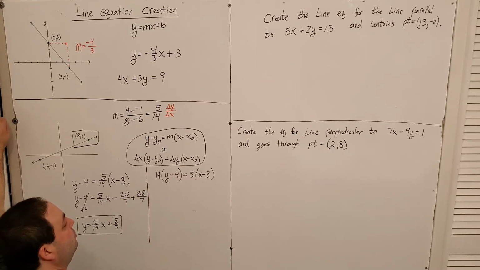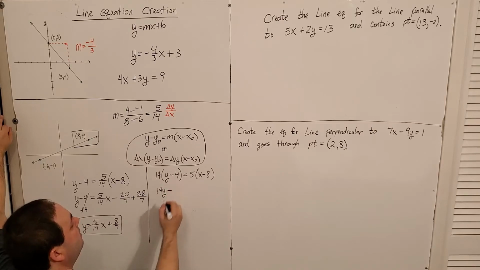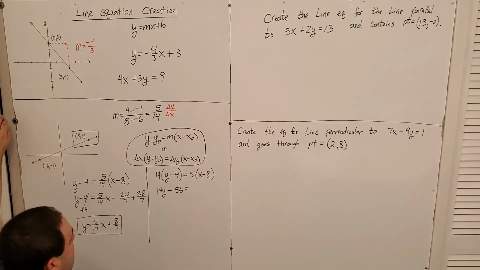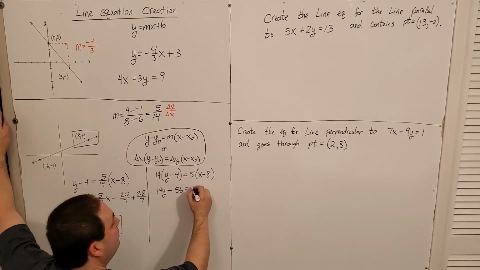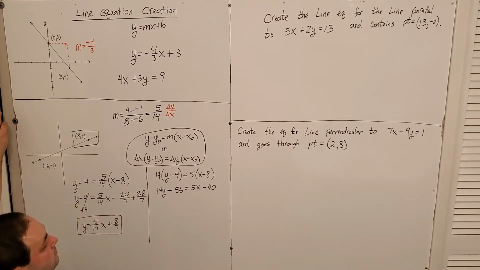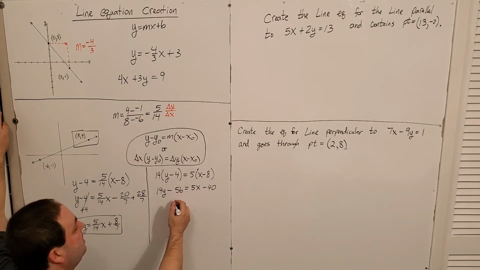All right, so from here, I can solve the same way. I can distribute the 14. So I have 14y minus 56 is equal to 5x minus 40. Okay, I'll add 56 to both sides.